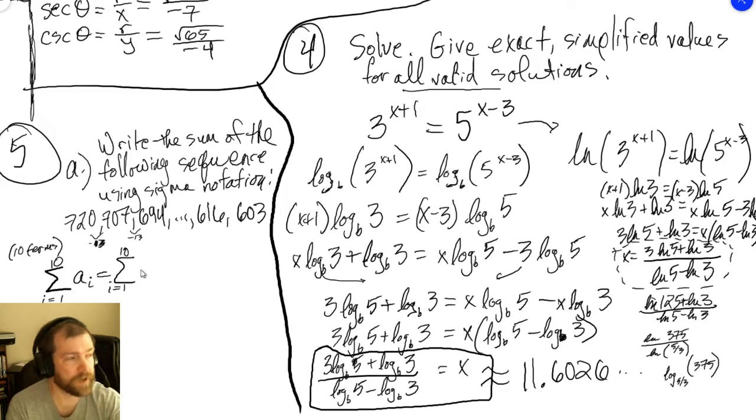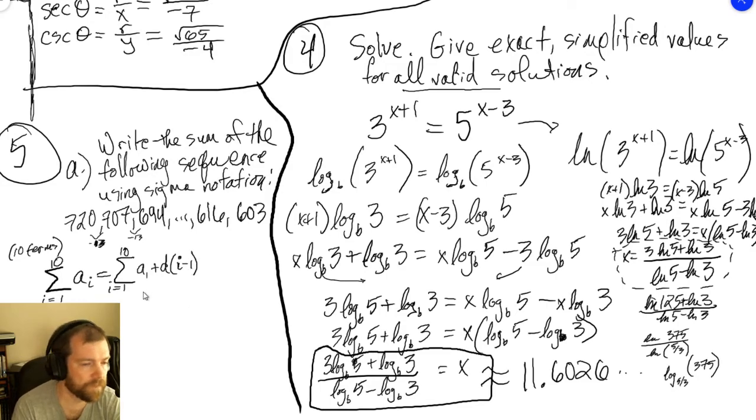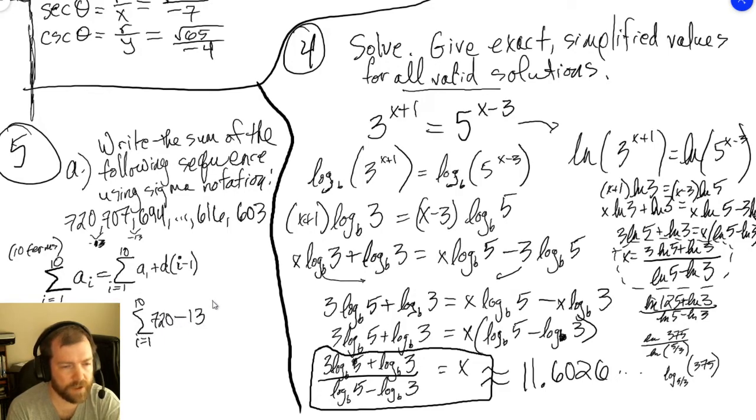So if you remember your arithmetic sequence, you could say that this is going to be a sub 1 plus d times i minus 1. In this particular case, this would be a sum. i goes from 1 to 10 of 720 minus 13 times i minus 1, like that. That's it.